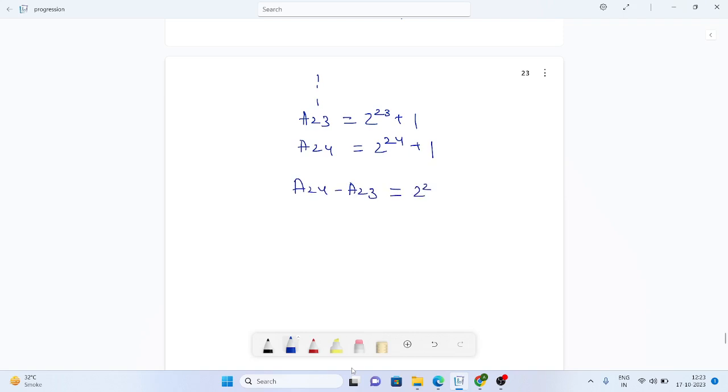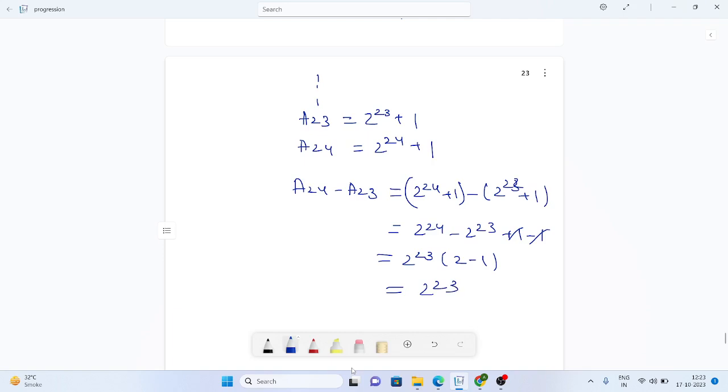It is 2 to the power 24 plus 1 minus 2 to the 23 plus 1. So it's 2^24 minus 2^23, plus 1 minus 1 got cancelled out. If I take 2 to the power 23 common, 2 minus 1, so it is 2 to the power 23. Right? This is all about AP, GP, HP.